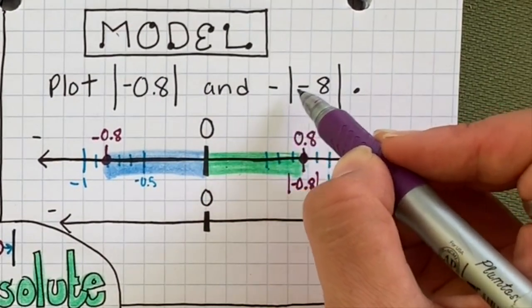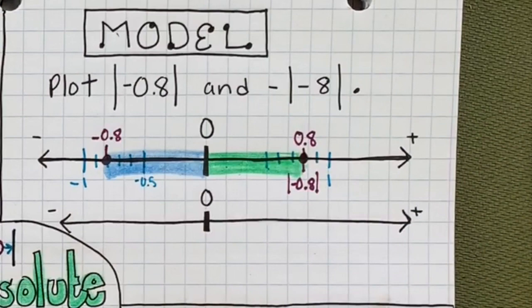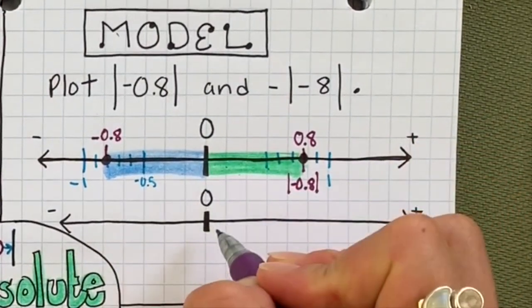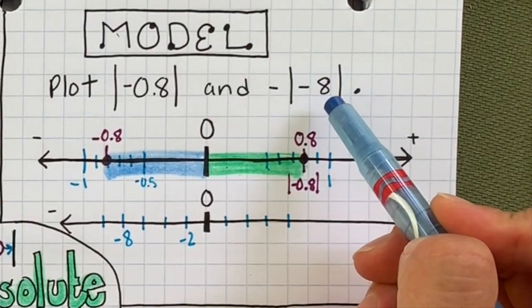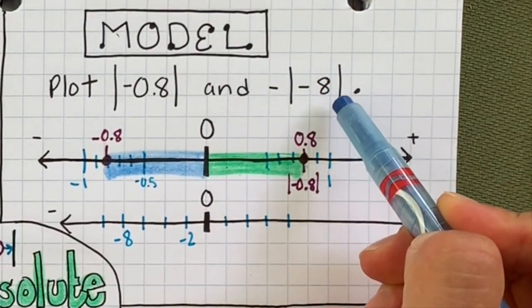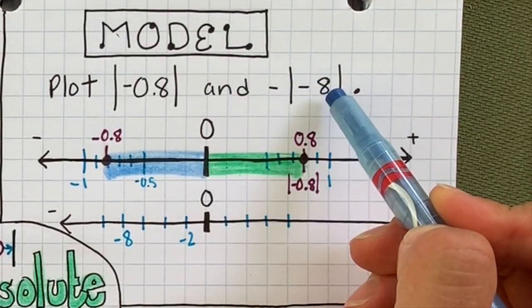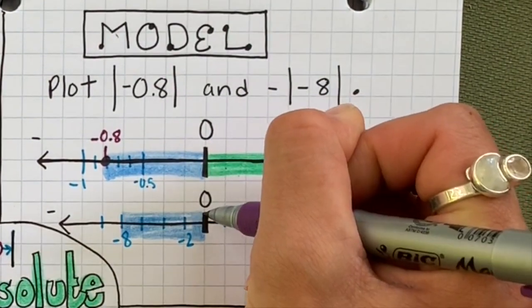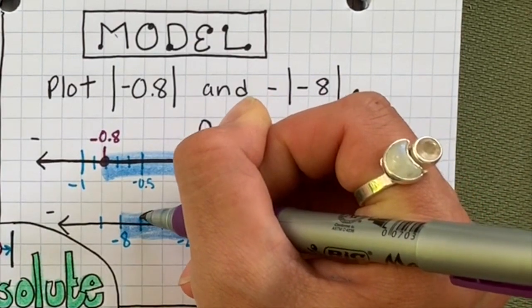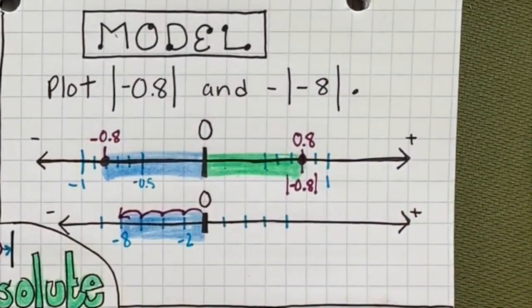Now let's look at the opposite of the absolute value of -8. Let's find -8 on the number line. Remember, -8 is inside grouping symbols, so we need to find the absolute value of -8 first. -8 is 2, 4, 6, 8 away from 0.